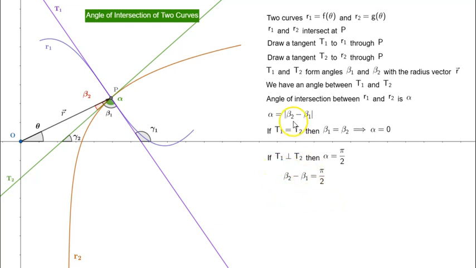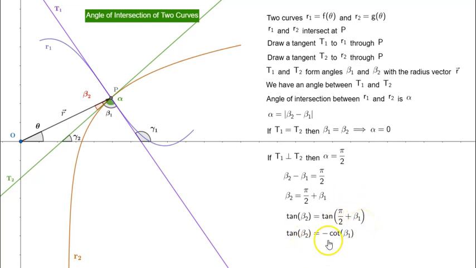Make sure that we take the absolute value. So beta 2 is equal to pi by 2 plus beta 1. Now taking tan on both sides, we get tan beta 2 is equal to tan of pi by 2 plus beta 1.